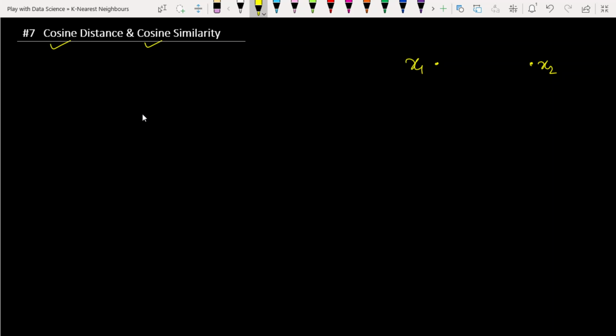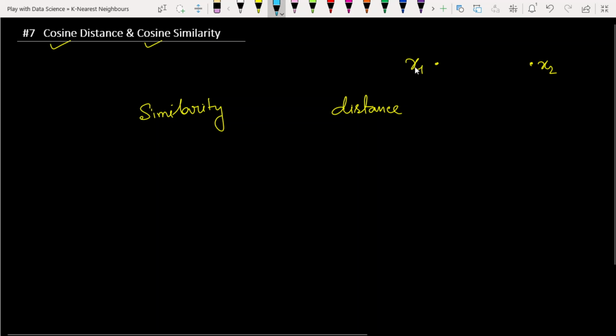Now the difference is that I'm comparing the two things, the similarity and the distance. Let's see these things geometrically first, and then convert the geometrical concept into the analytical concept.